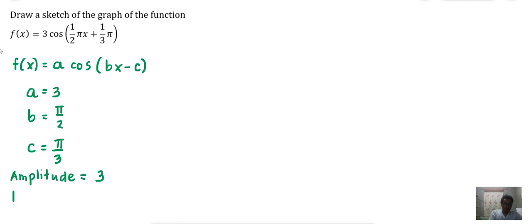And then the period is 2 pi over B, or 2 pi over the absolute value of B. 2 pi over B is 2 pi over 2, so this is 4, right? So the period is 4.